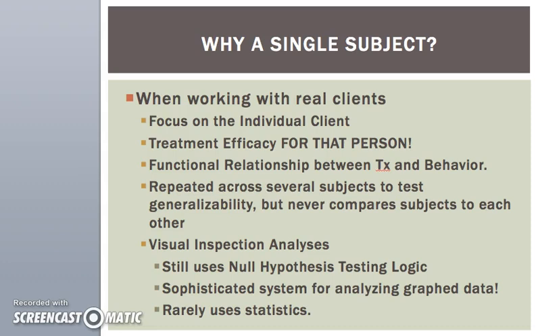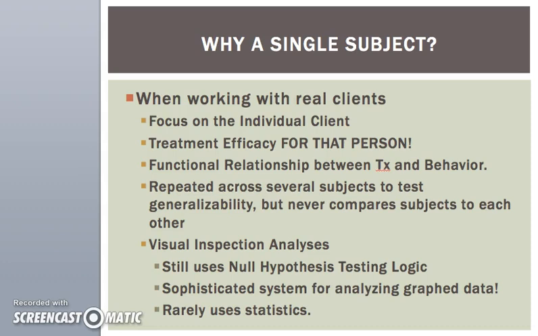Okay, so single subject designs typically are repeated across several subjects to demonstrate generalizability, but we never compare subjects to each other. Instead, we only compare each individual to their own individual baseline, and we draw conclusions based on that. The type of analyses that are used are called visual inspection analyses.